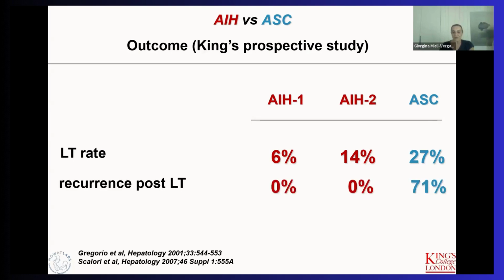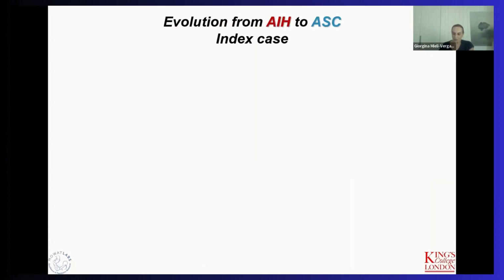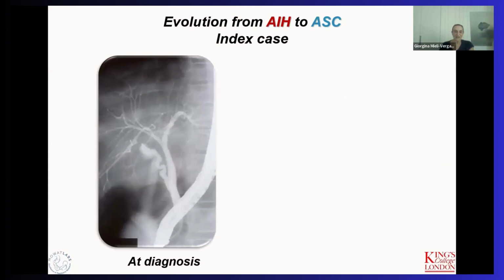The recurrence post-transplant in this study was incredible in the way that none of the children with autoimmune hepatitis type 1 or type 2 had a recurrence of the disease post-transplant, but 71% of the sclerosing cholangitis did. So it is not surprising to see that there is something very different between the two conditions.